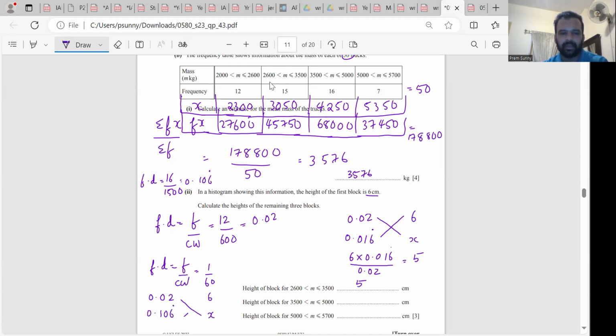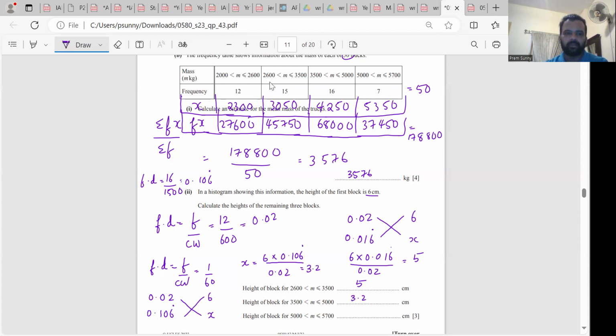What will be the x value? X is equal to 6 into 0.106 recurring, the whole thing divided by 0.02. When we do this in the calculator, you will get the answer as 3.2. This will be 3.2 centimeters.